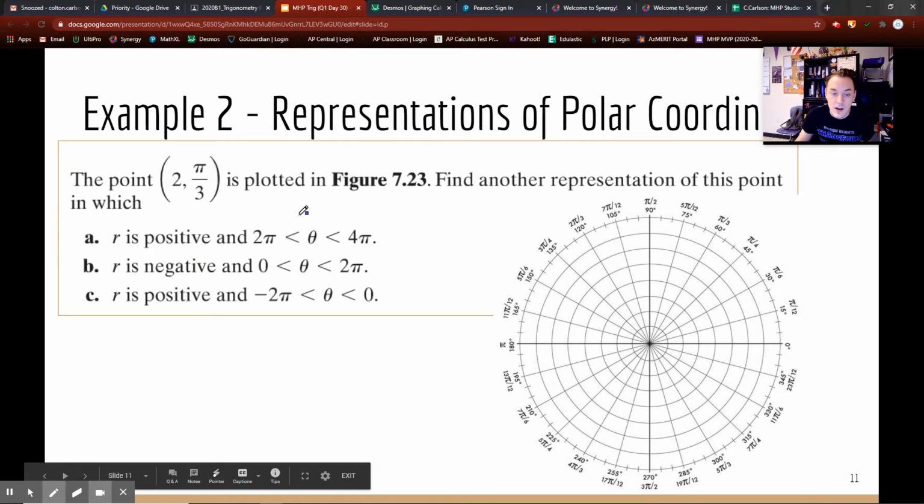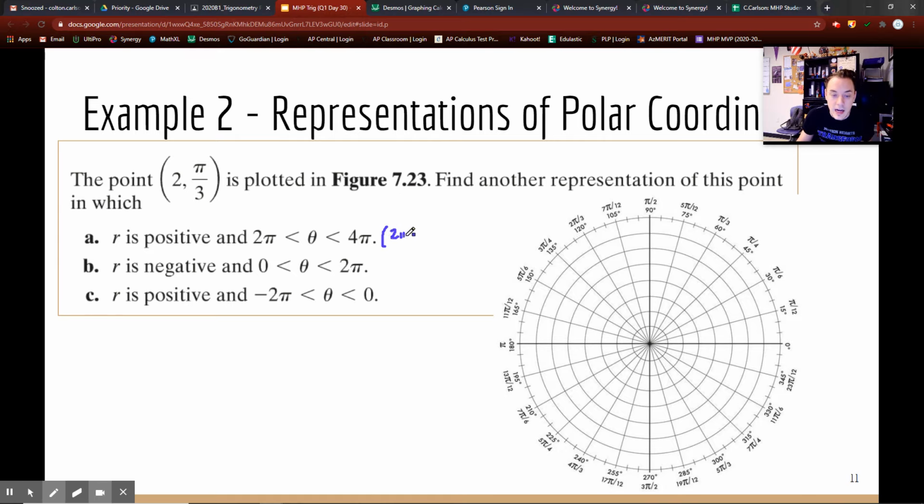So this is often written as 2 pi, comma 4 pi. This is often written as 0 to 2 pi in parentheses. And this, of course, is often written as negative 2 pi to 0. Notice how I'm not using any brackets here. That's just how it's commonly written.